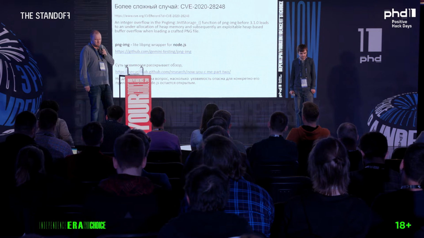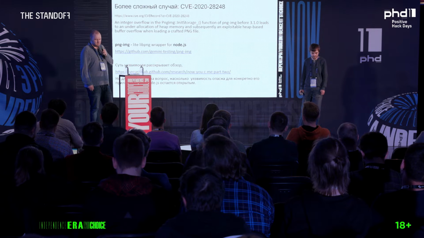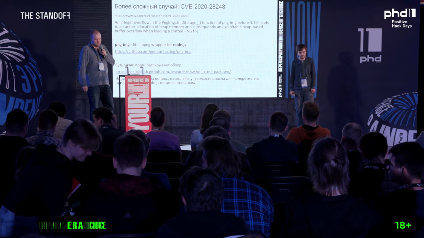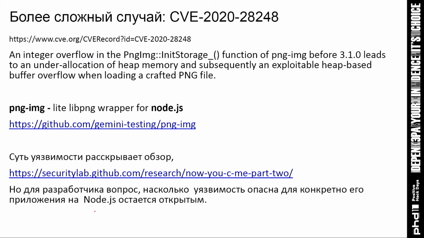It's not enough to understand what goes on there and whether or not the Node.js developer needs to do something about it, to remediate it in any way. Well, there is nothing here that can help the developer do that.